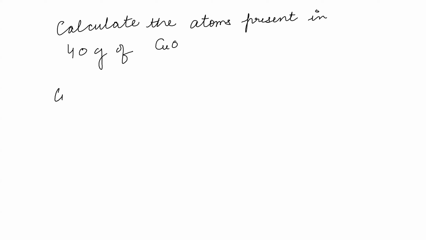Copper's mass is 63.5. So calculate the atoms present in 40 grams of CuO.